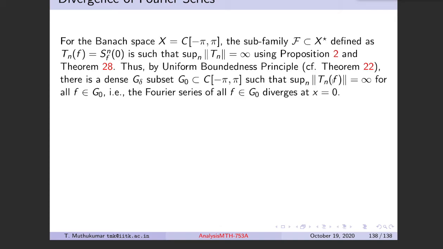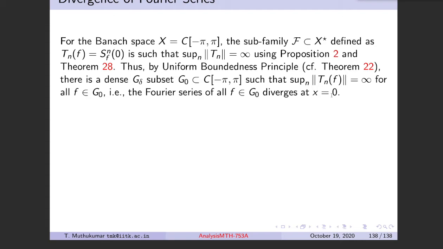So when you say this supremum over n is infinity, you basically mean the Fourier series of f evaluated at 0 is diverging. That's what this means.